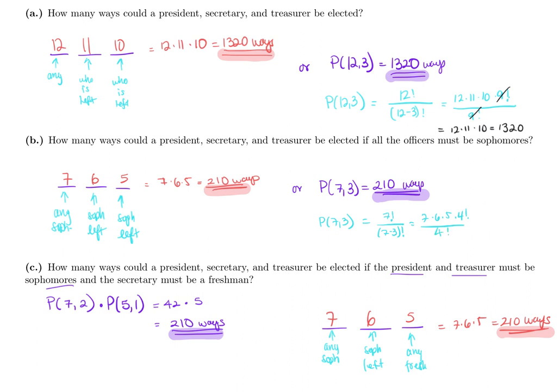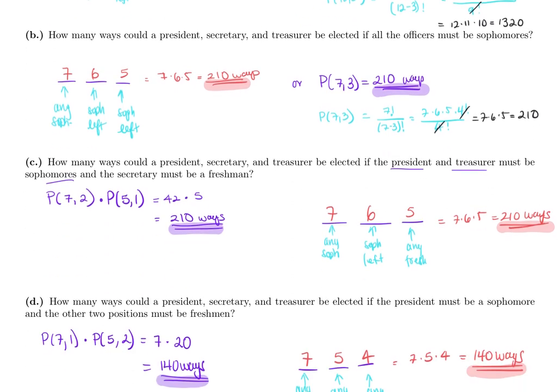And again, the factorials cancel out. So we get 7 times 6 times 5, which is our 210. So this is what I was saying. If you don't have a TI 83 or 84 or a scientific calculator that can do combinations or permutations, you will be okay. You can do all of these using the formula or just using the brute force method.